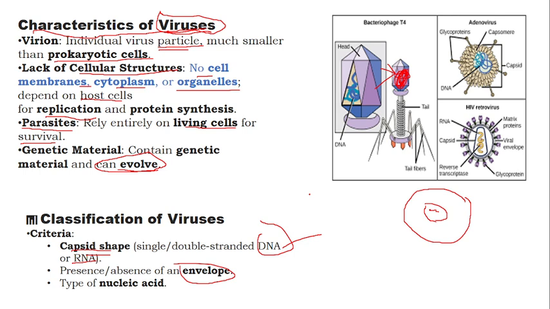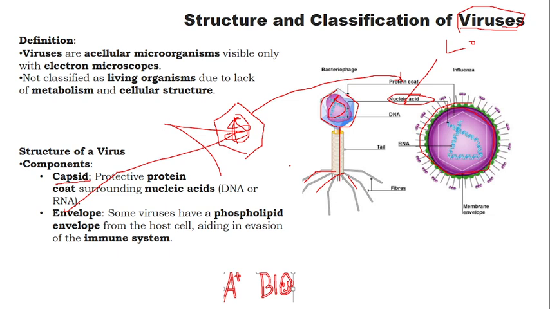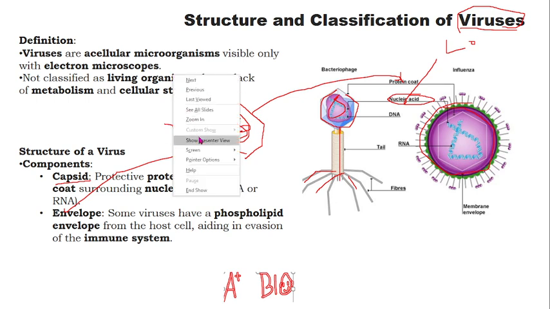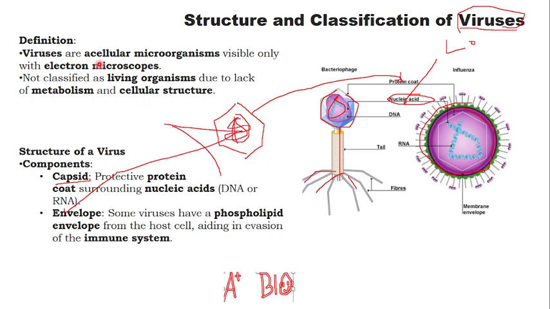So after understanding this, we have seen the definition: a virus is an acellular microorganism. It is visible only under electron microscopy.